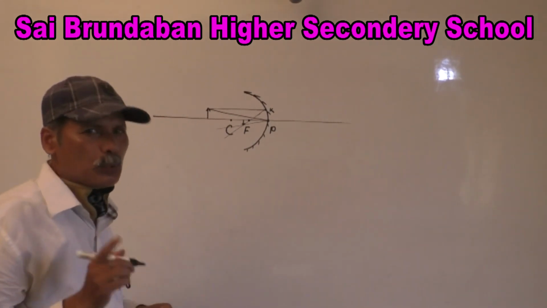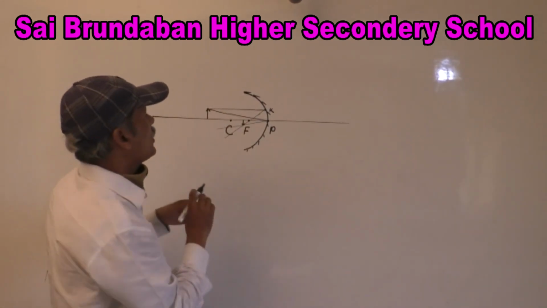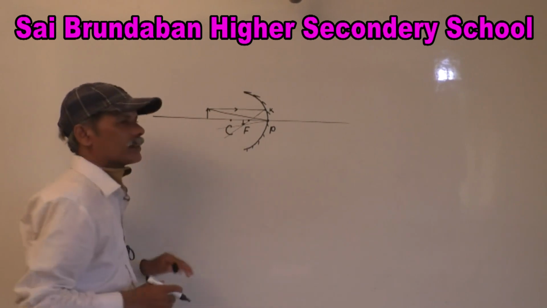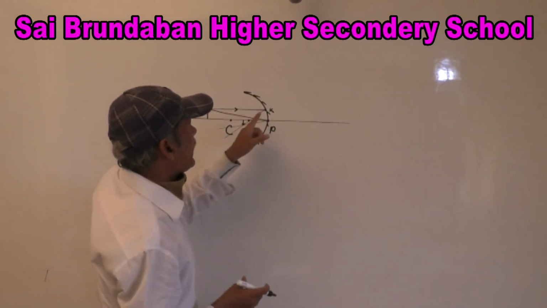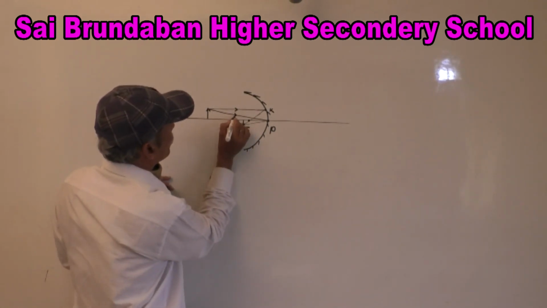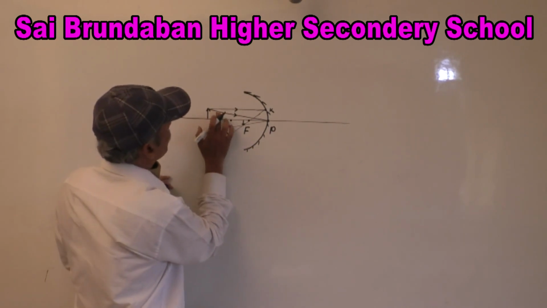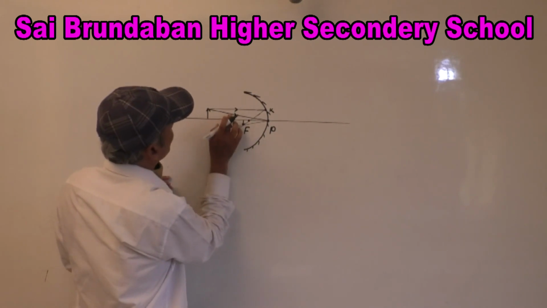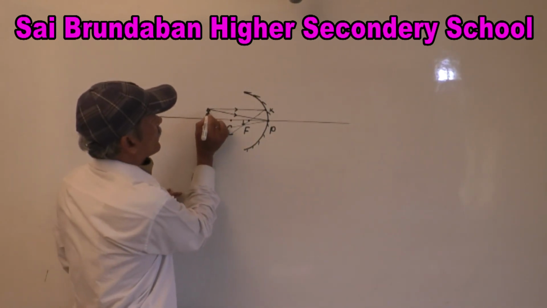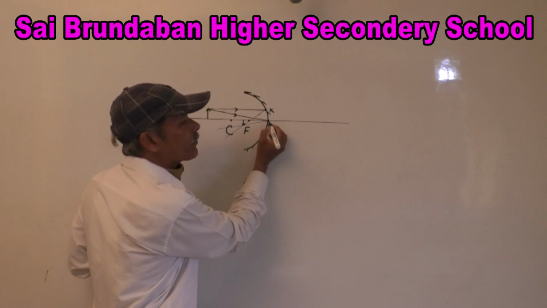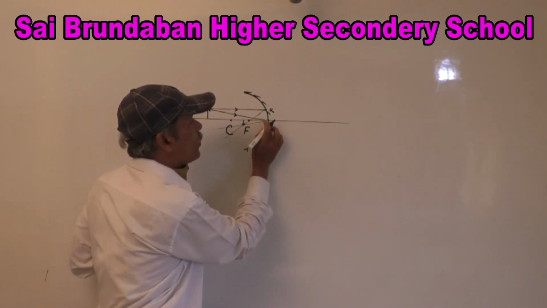Here are two points of incidence. Two incident rays: one is parallel to the principal axis and hits the reflecting surface at K. Another one hits the reflecting surface at the pole.